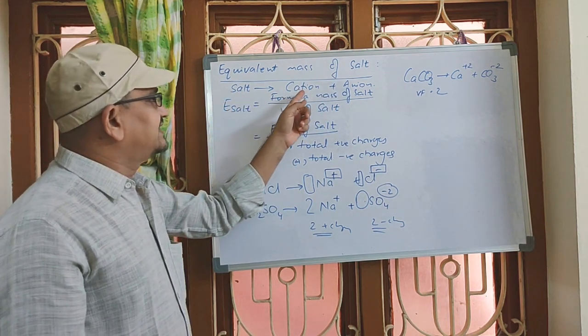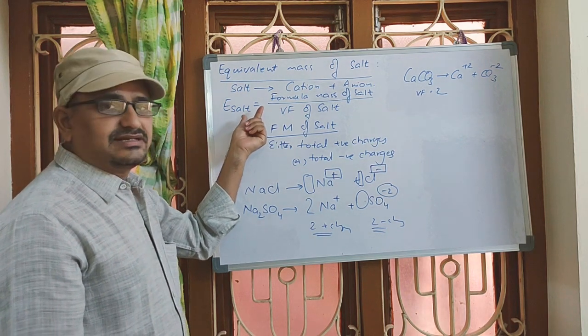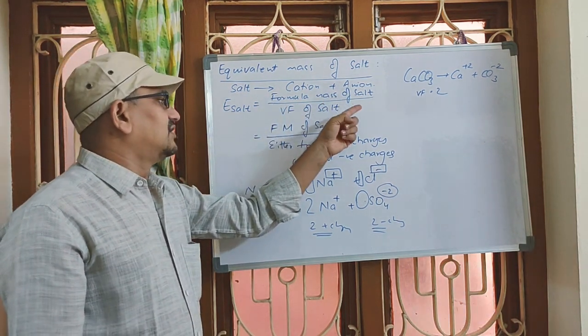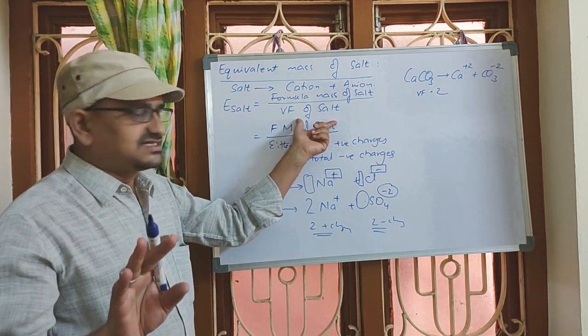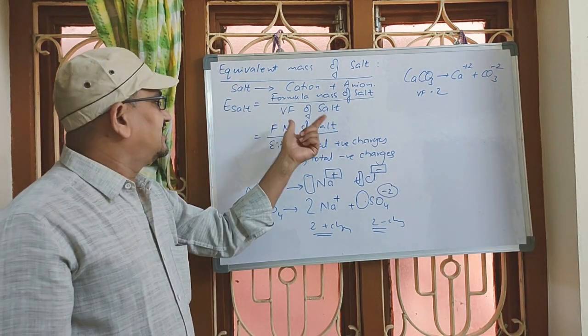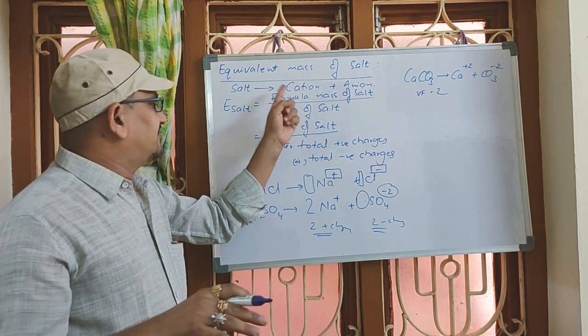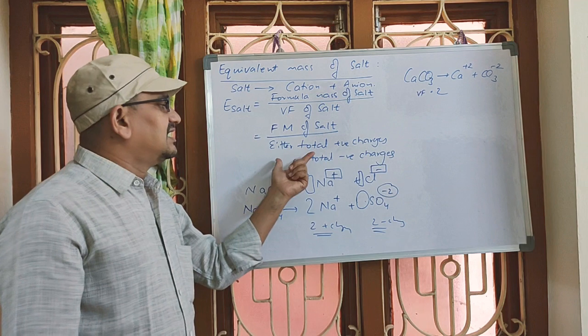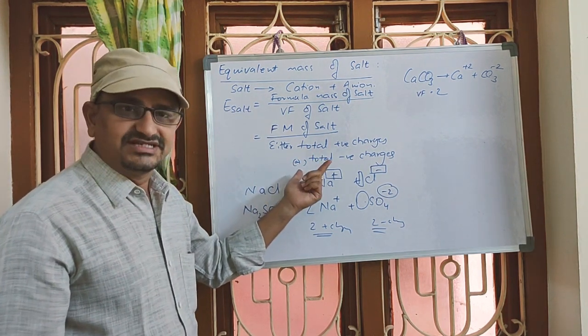Understood? Once again, equivalent mass of salt, our today's topic. Salt is the one which contains cation and anion. So equivalent mass of salt can be calculated as formula mass of salt over valency factor of salt. Now you got the logic by this time. For an acid, valency factor is basicity. For a base, valency factor is acidity. For a salt, what is valency factor? Either total positive charges or total negative charges.